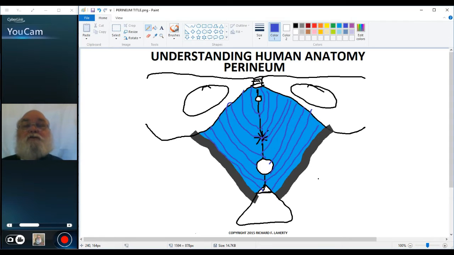lie just superficial to the pelvic diaphragm, and they are known collectively as the urogenital diaphragm. And we'll draw the first one in, and I'm going to use purple for this muscle.